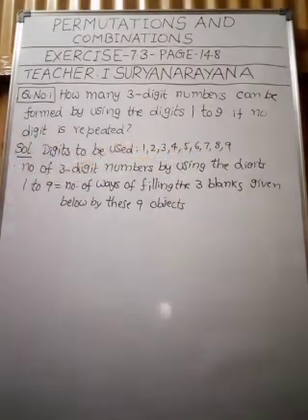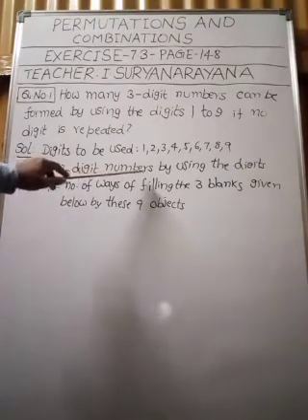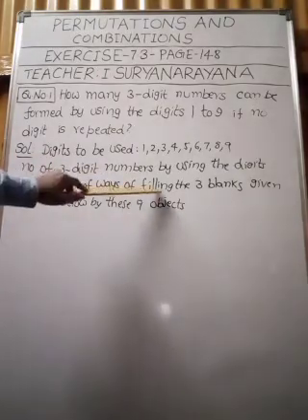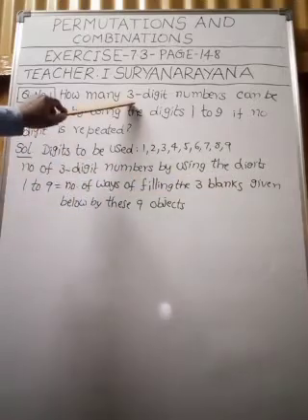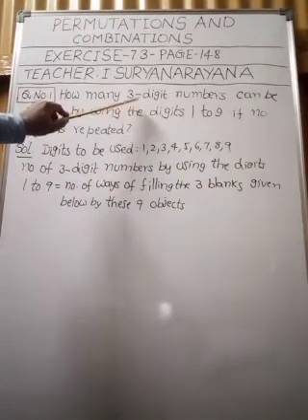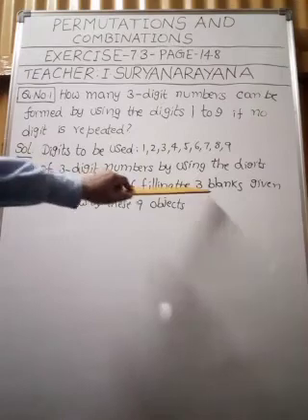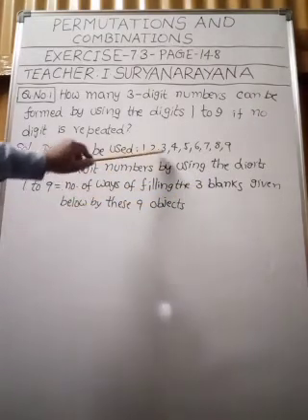The number of 3-digit numbers is equal to the number of ways of filling the 3 blanks, because we want a 3-digit number.